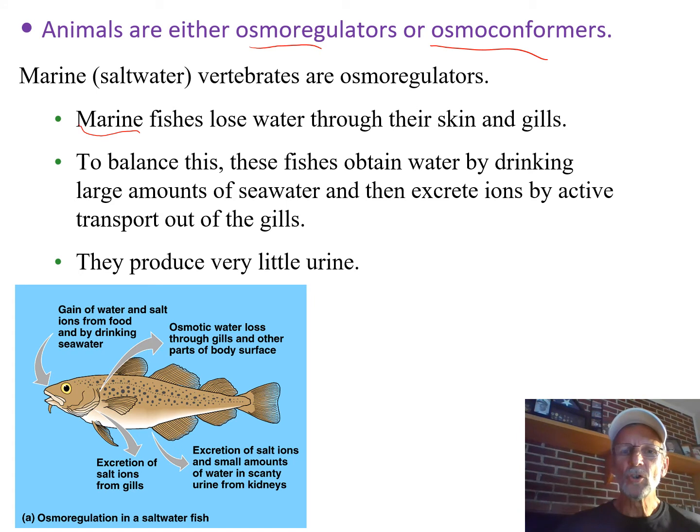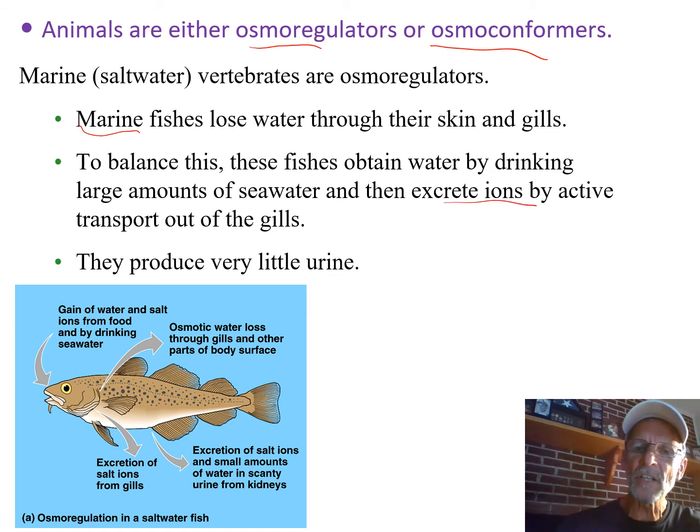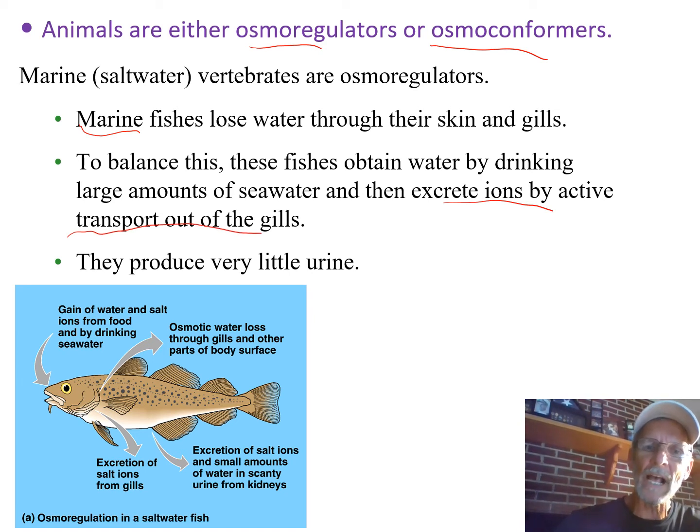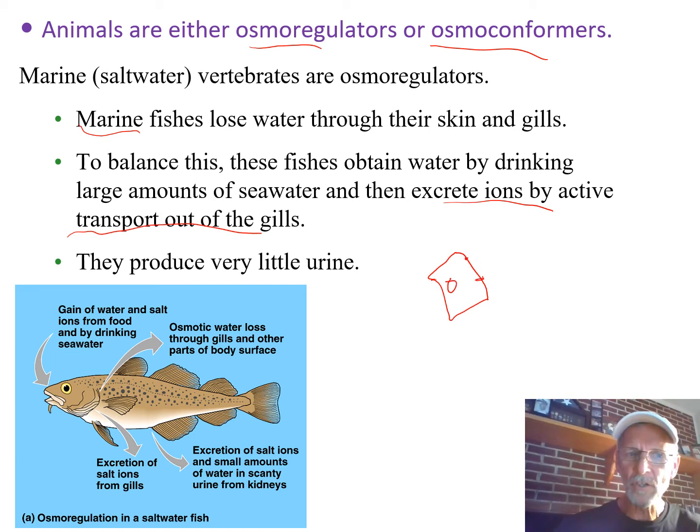They are drinking a lot of the water that they're living in, because since that water's salty and salt water would tend to draw water out of them, they have evolved ways to get enough water from what they drink in and get rid of salt, in this case by active transport out of their gills, which suggests to you that the cells that line their gills have membrane protein pumps, active transport pumps that excrete stuff like sodium ions and chloride ions, salt ions, right?